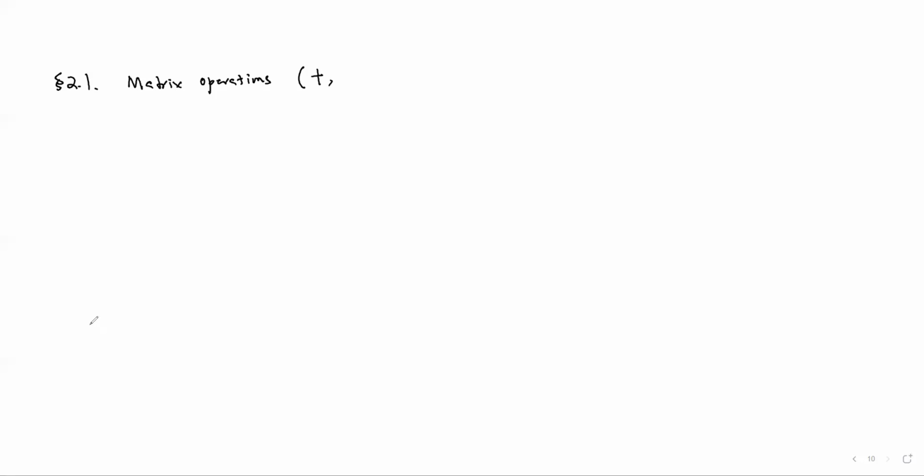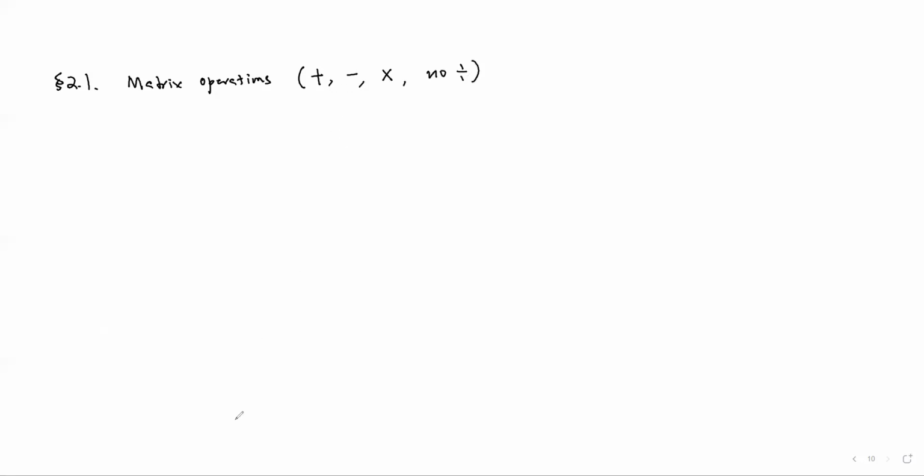We can add two matrices of the same size, A plus B. If the matrices are different sizes, not computable. Summation, subtraction, multiplication, but no division. In matrix operations, no division.